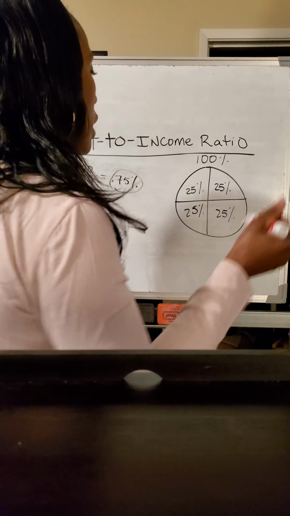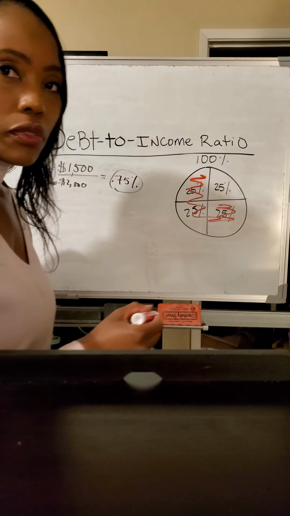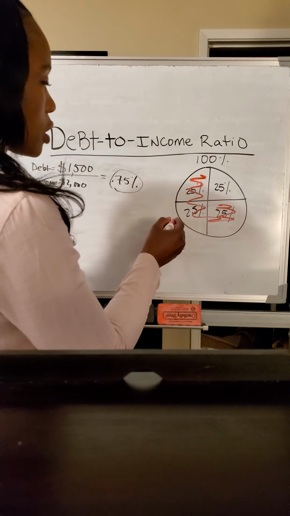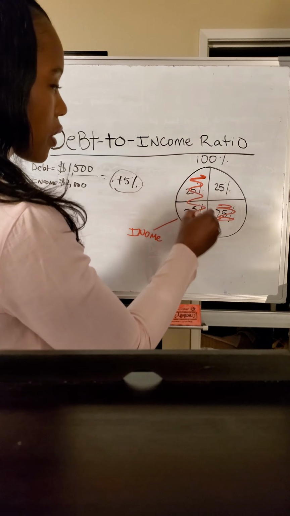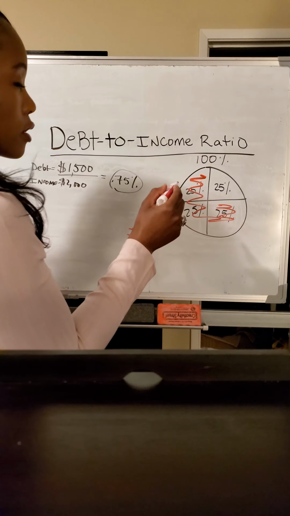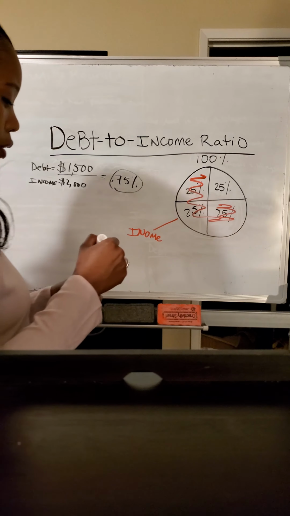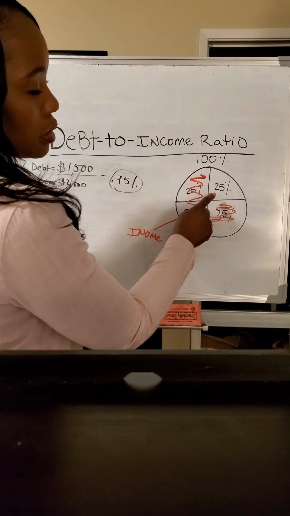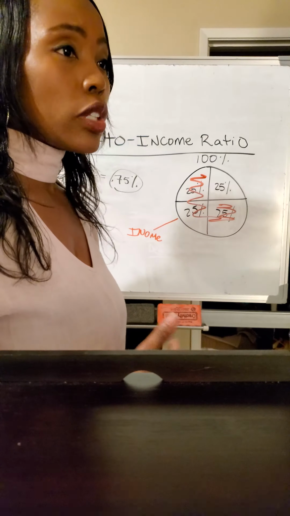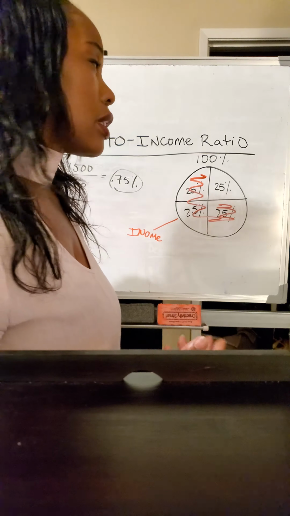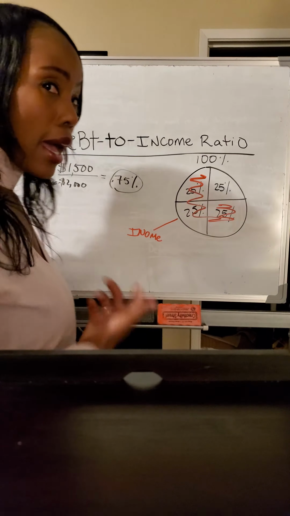So 75% would be this much of your income, and that is going towards your debt, okay? That means you only have 25% left to budget for eating out, shopping, and other miscellaneous things. There's only 25% left, which is not a lot. This number is actually pretty high.